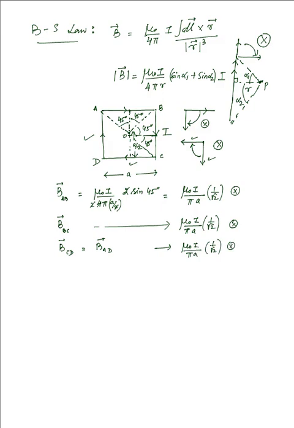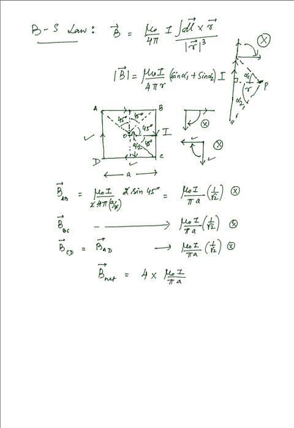Now finally, if we wish to determine the total magnetic field, so the net magnetic field at the center is going to be equal to a sum of all of these, because all of them are directed along the same direction, so we are going to add them vectorially, which would eventually lead to an algebraic addition considering the same direction. So finally, we have 4 times the magnetic field due to each segment.